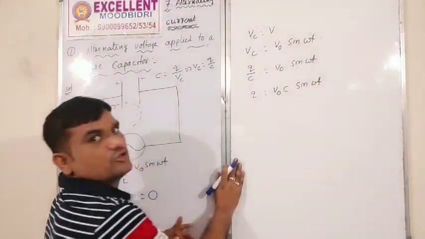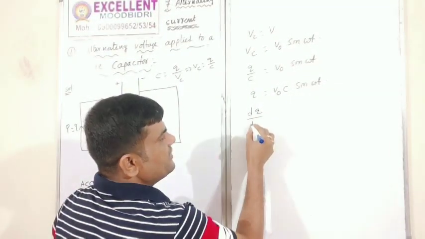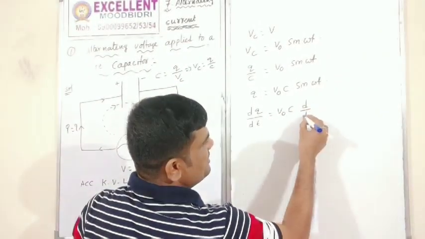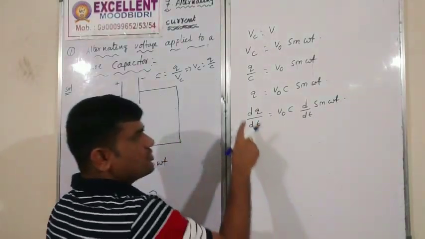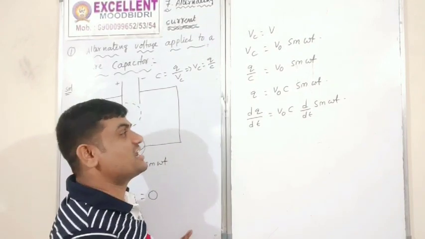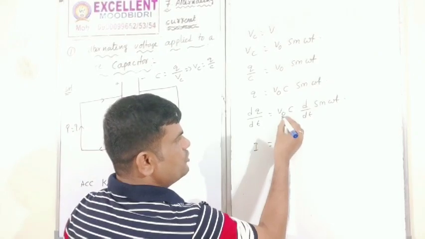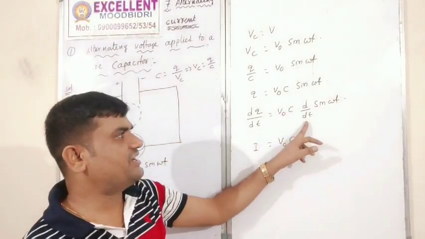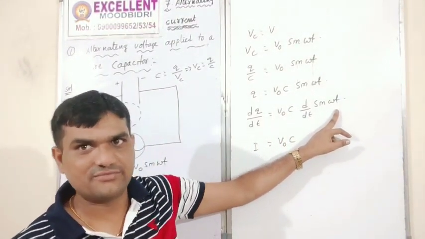Now on both sides we can differentiate with respect to time. So dq by dt equals V naught C, taken common, times d by dt of sine omega t. dq by dt is nothing but current, charge by time. So current I is equal to V naught C times d by dt of sine omega t, which is cos omega t.